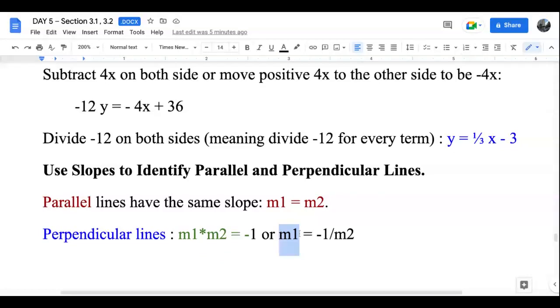The slope of one is the opposite inverse of the other, or simply, the product of the two slopes equals negative 1. Yes, you could call it the reciprocal, or multiplicative inverse. We'll see some examples.